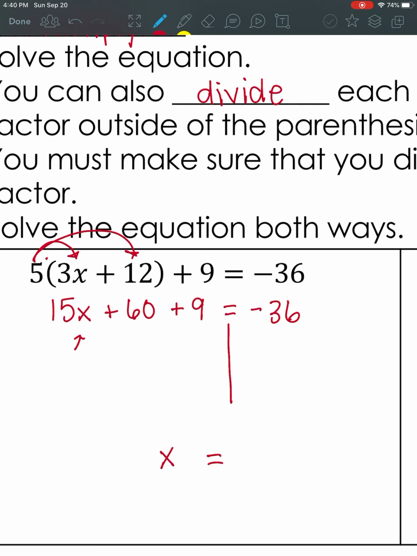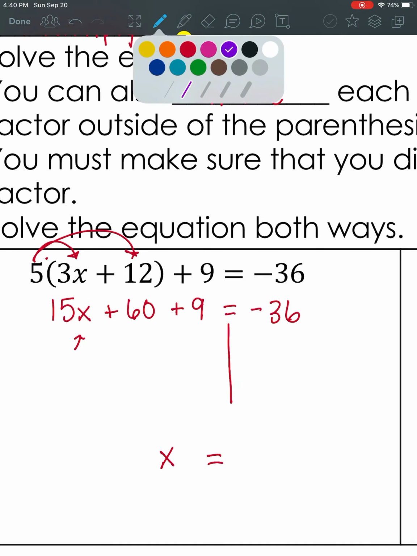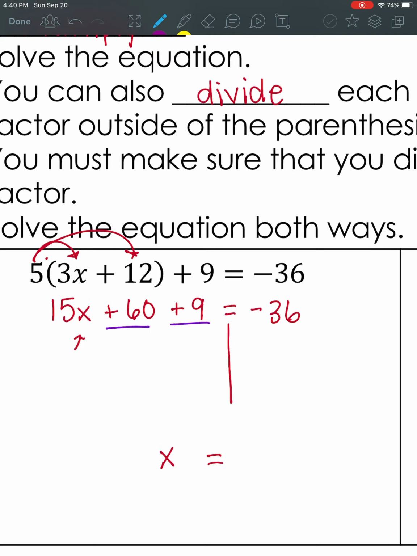Now to solve from here, x is on the left side, so we want to get that on the left side all by itself and get rid of all those other numbers over there. Before we begin, we could add like terms. We have two constants here. The 15x we can't combine with anything, so we'll keep that the same, but 60 plus 9 we can add together and rewrite the equation.